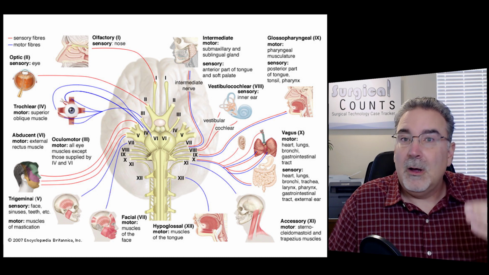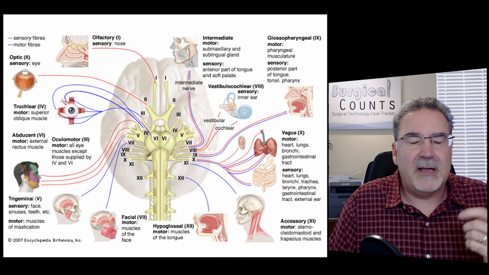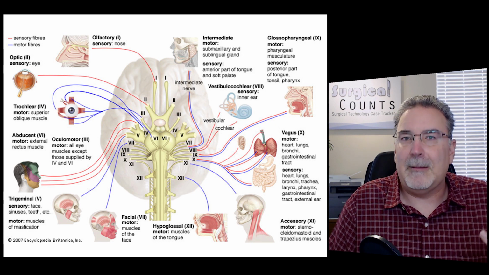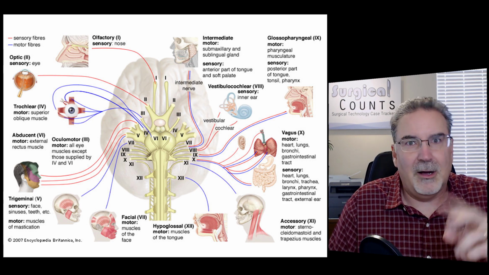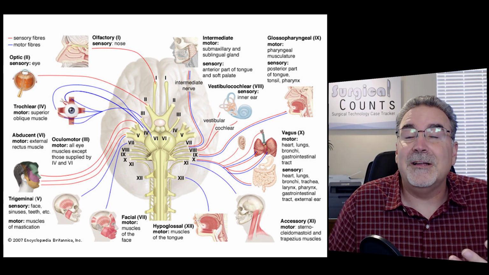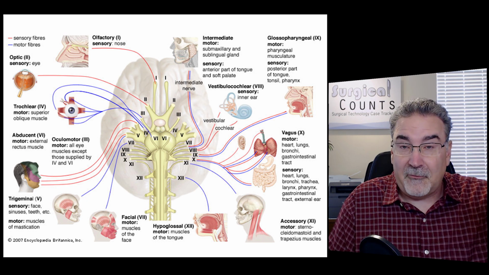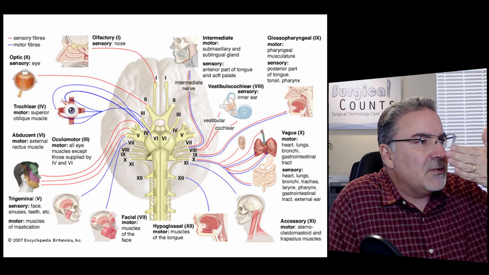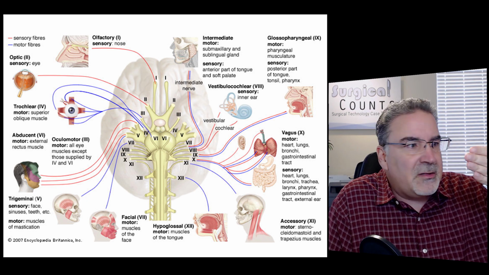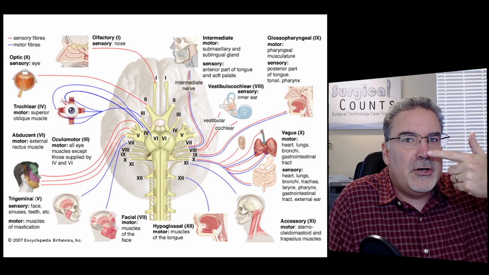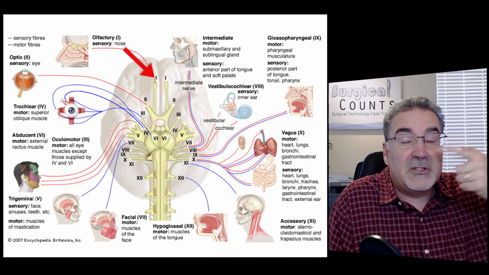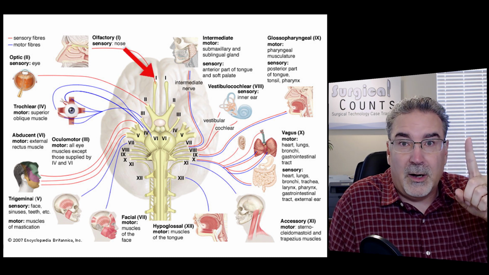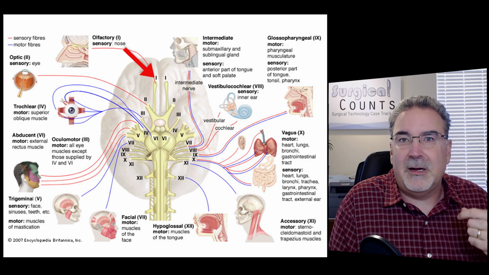So for example, again, I said O, okay, so which O is which? Which one's the optic one? Everybody says the optic's 1. No, it's actually number 2. So here's how you remember that, okay? The very front, the very first thing, imagine walking into a pane of glass or something like this. The very first thing that you're going to hit is your nose. So the first cranial nerve, number 1, is going to be the olfactory nerve.